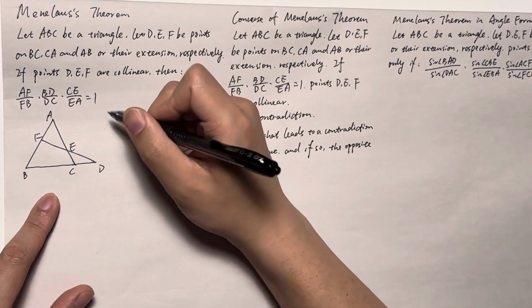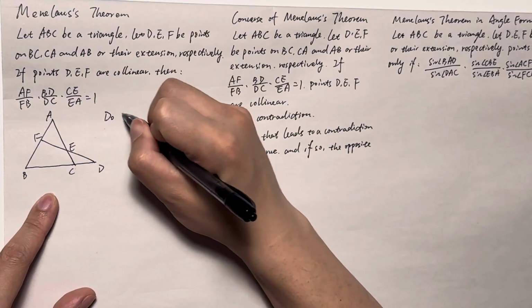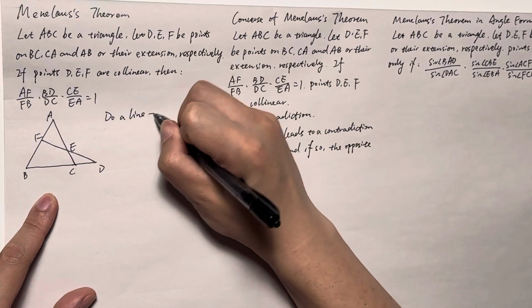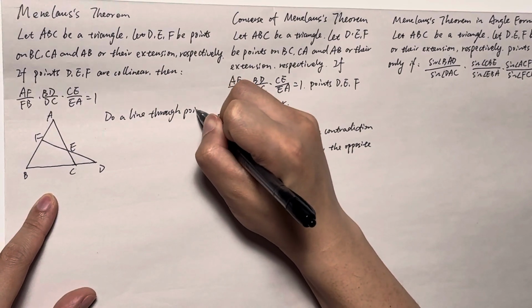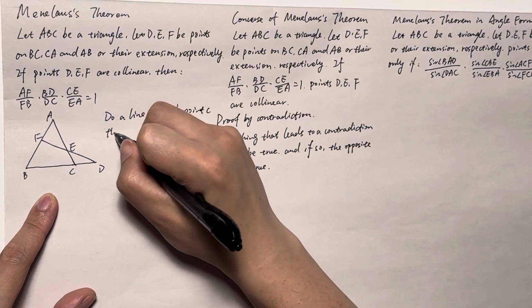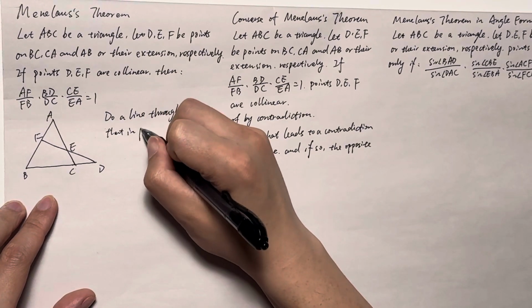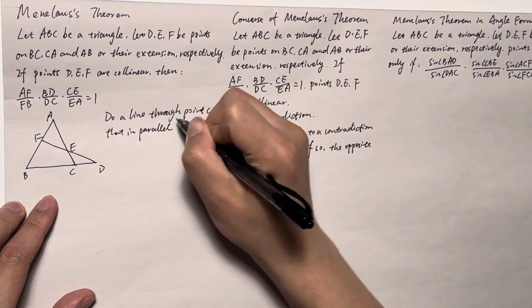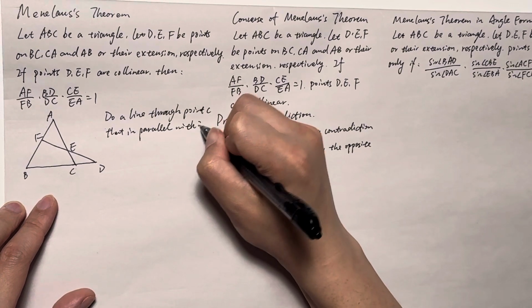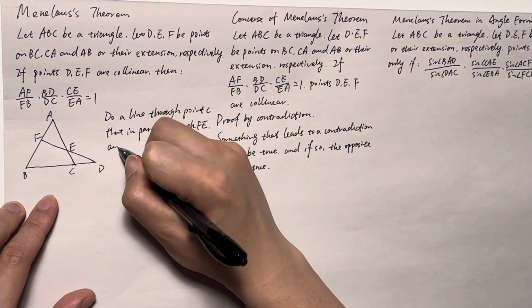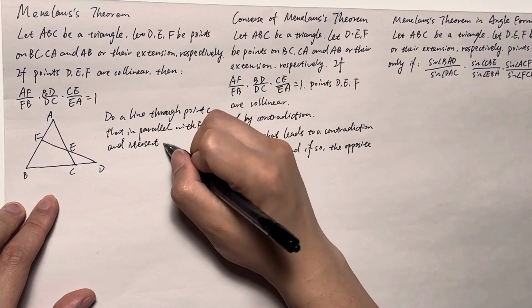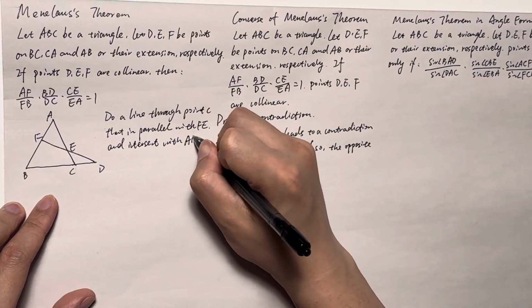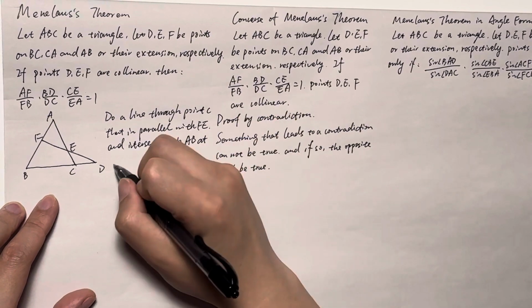We can draw a line through point C that is parallel with FE and intersects with AB at H.